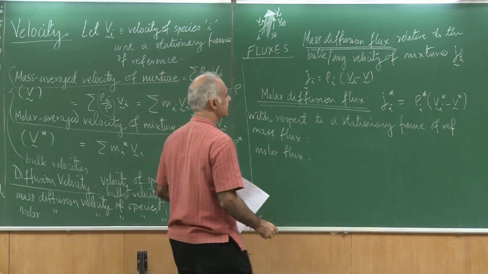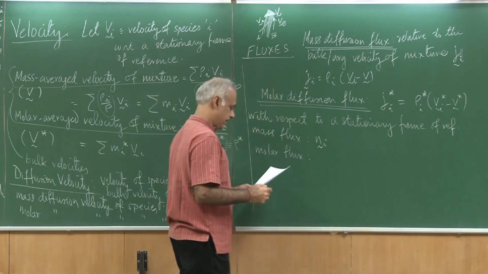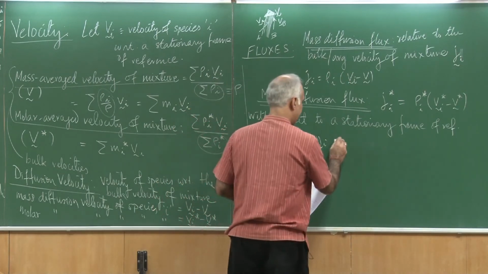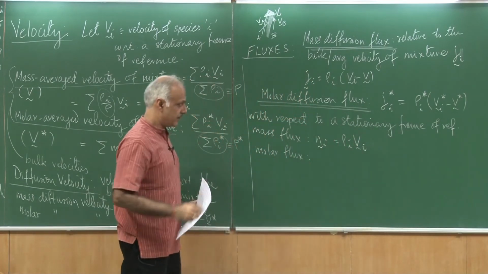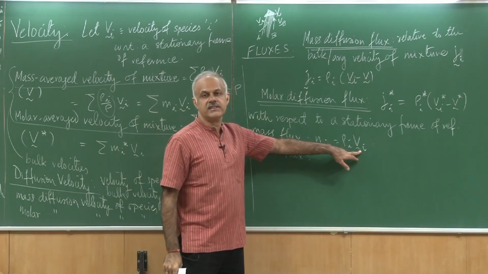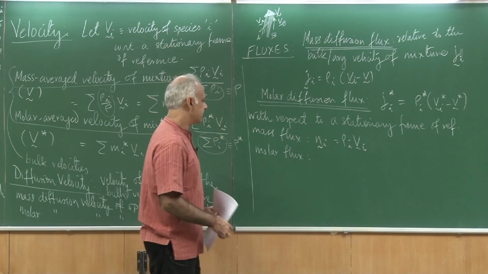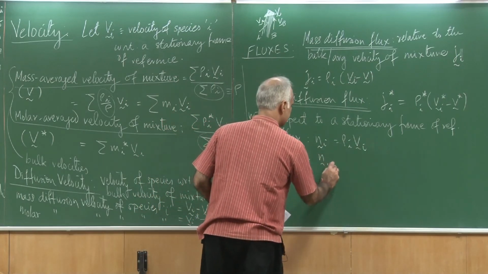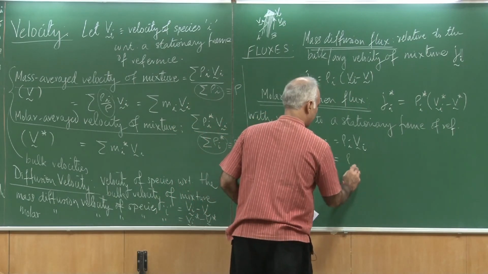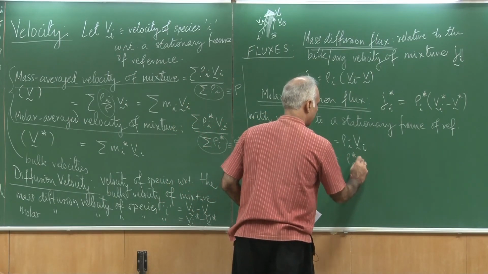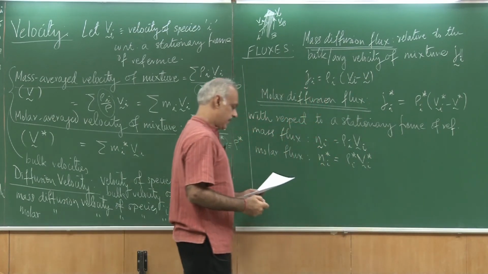The mass flux I am going to denote by Ni, and this is going to be given as rho I Vi. So notice this is the absolute velocity. I am not subtracting from it the bulk velocity of the mixture. The molar flux, same notation Ni star, and this time I am going to be talking about rho I star and the Vi star.